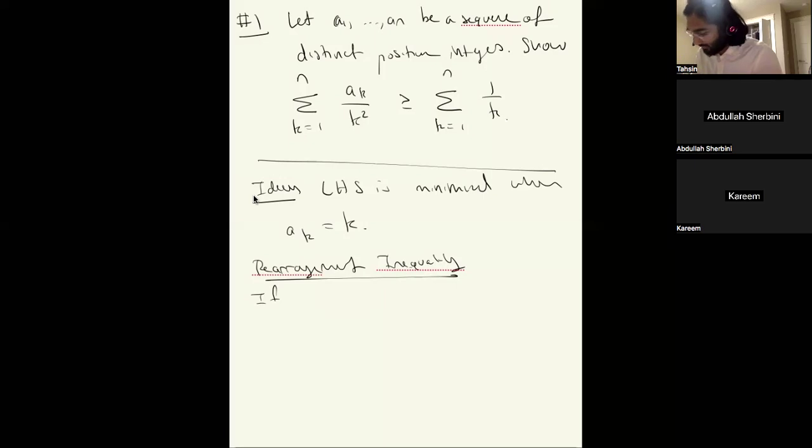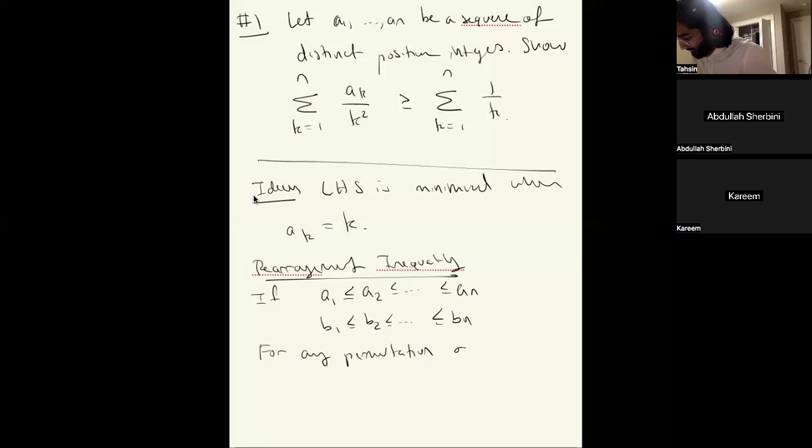So if a_1 is less than or equal to a_2, all the way to less than or equal to a_n, and b_1 is less than or equal to b_2, all the way to less than or equal to b_n, then for any permutation sigma of 1 through n, if I do the sum of a_i times b_sigma(i), so I multiply the a and the b sequence term-wise, but I permute one of them, the maximum it can be is if they're ordered.